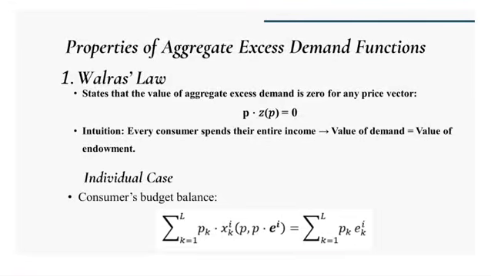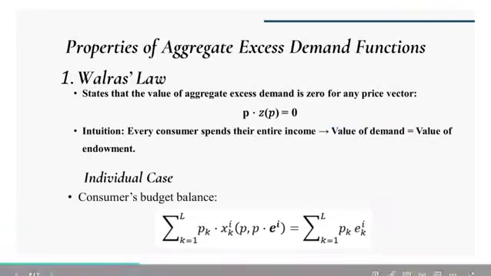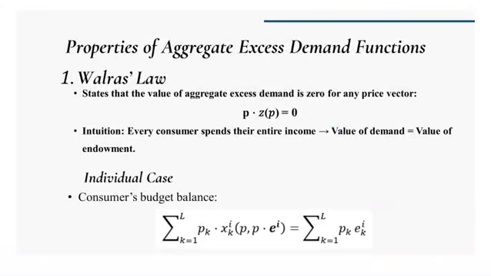In the individual case, the relationship for a single consumer can be written as the consumer's budget balance. In this equation, we sum over the price vector and the Walrasian demand for good k, which equals the price vector multiplied by the endowment vector of good k, and their summation.